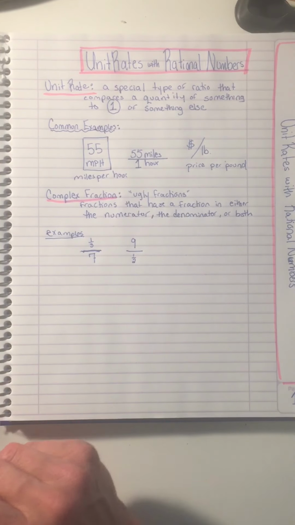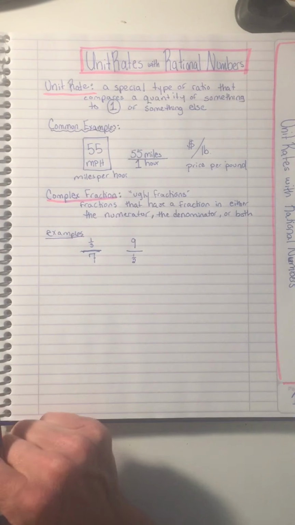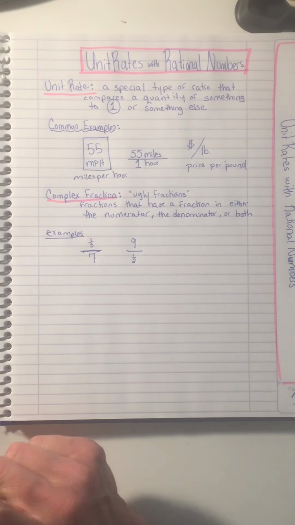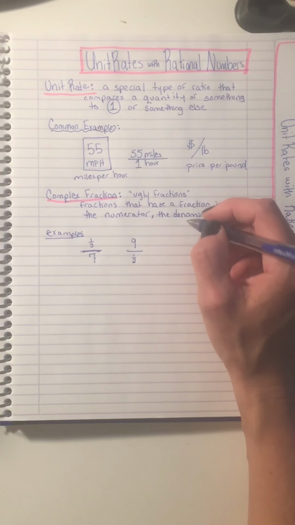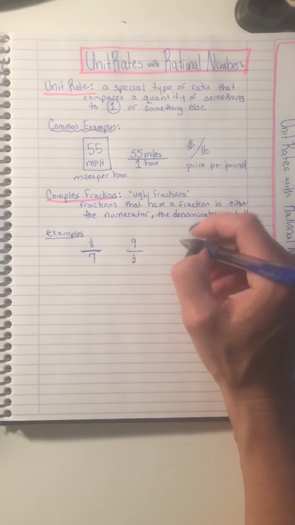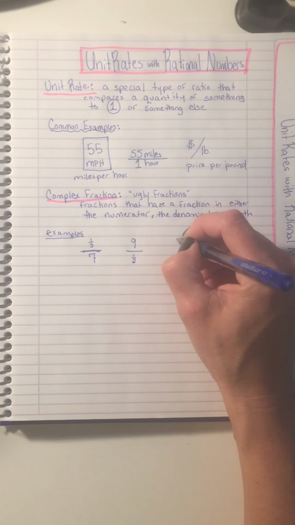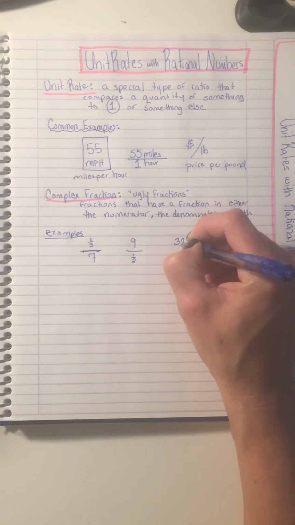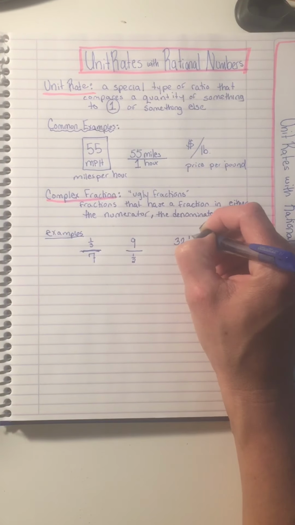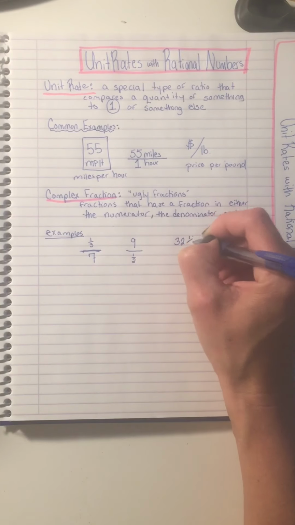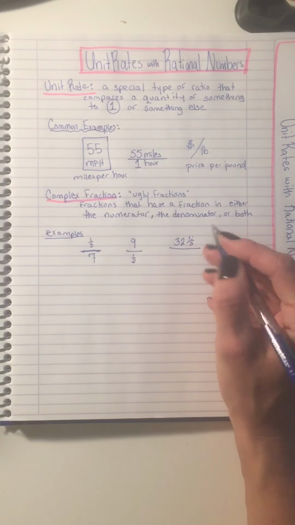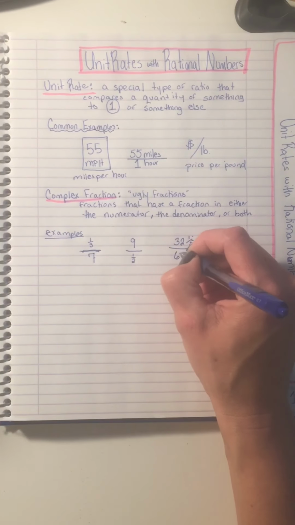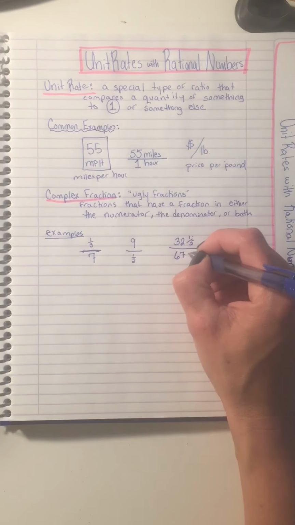And then you could even have a fraction or even a mixed number, which is a fraction and a whole number, where it's in both the numerator and the denominator. So let's see, we could have something like 32 and 1/5 over 67 and 9/10.